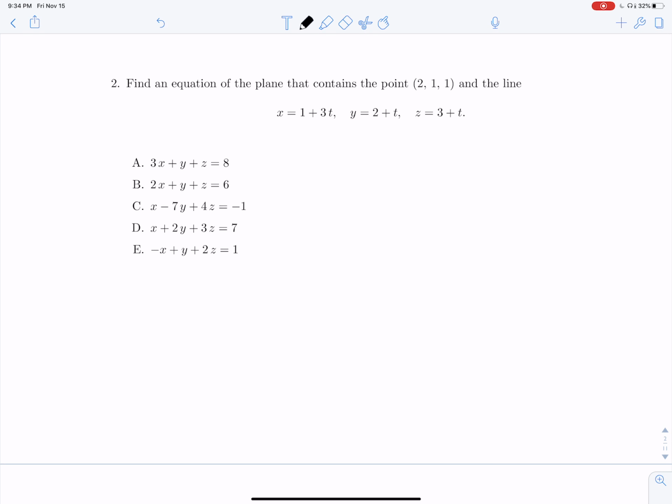Question 2: find the equation of the plane that contains this point and this line. This one's a little weirder, but because the plane is defined by its normal vector, and we're given this point and a line making its way by, we can find 2 points on this line and have position vectors from this given point to these points on the line.